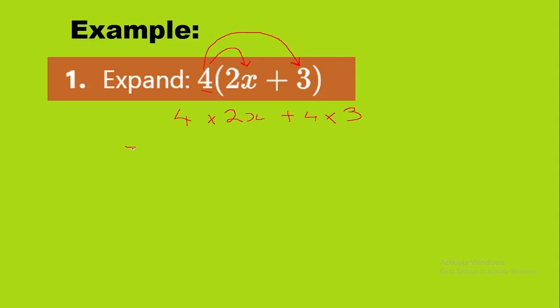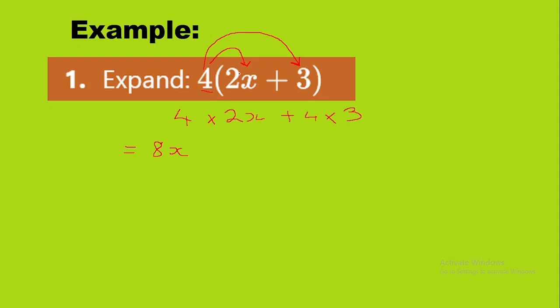I'll just write the answer right below. 4 times 2x: you multiply the numbers together, so 4 times 2 is 8, and you write back the letter x.